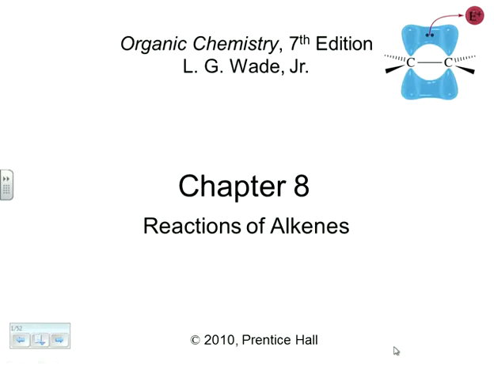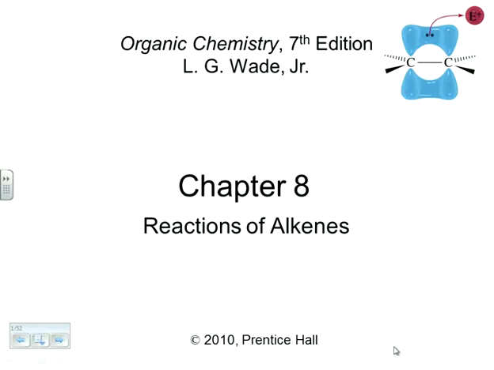Usually far apart, so it gets crowded. Remember, it likes to eliminate in that anti-position, so the hydrogen and the leaving group are kind of trans. We looked at the cyclohexane. If a bromine's on a wedge, then I want my neighboring hydrogen to be on a dash, the opposite. You're always looking for the opposite.